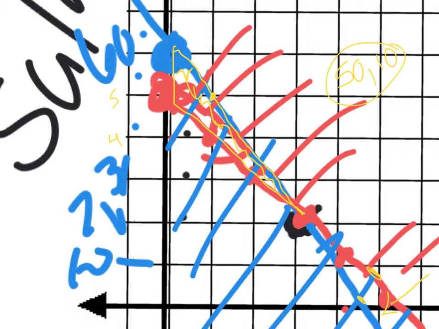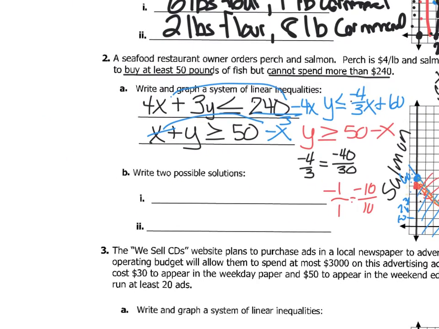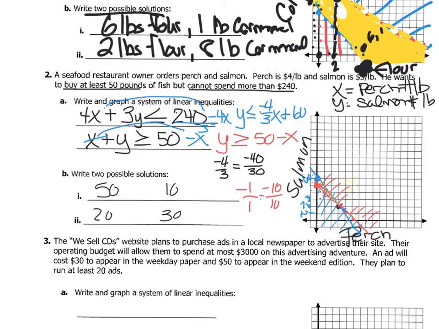And then we can also say 20 and 30. Okay. All right, so 50 and 10 and 20 and 30, right? All right, so 50 of, and we said the salmon, and make sure you look at where your 50 was.